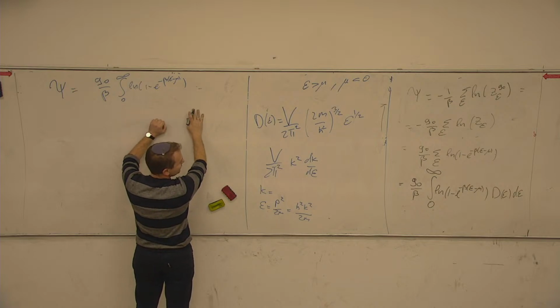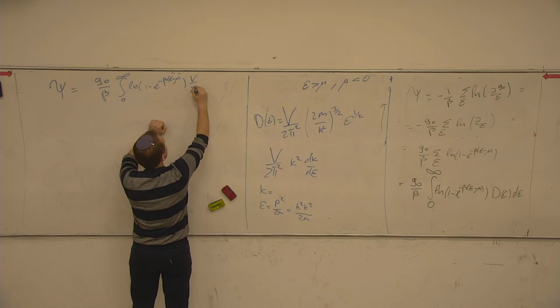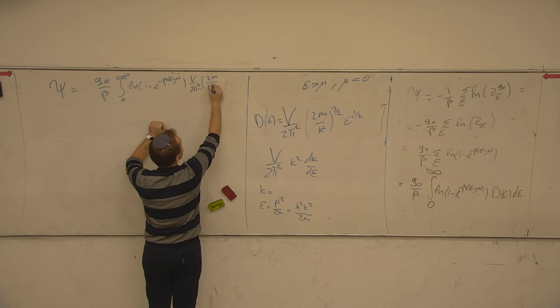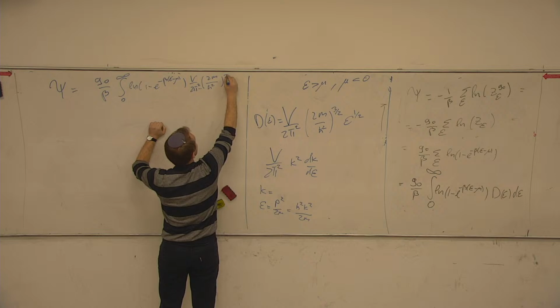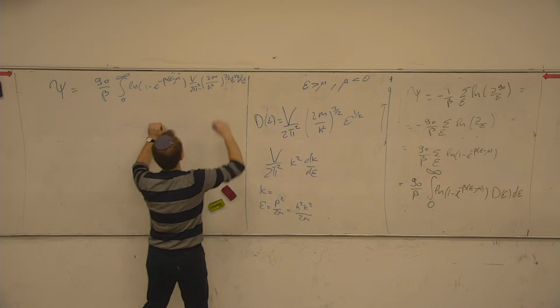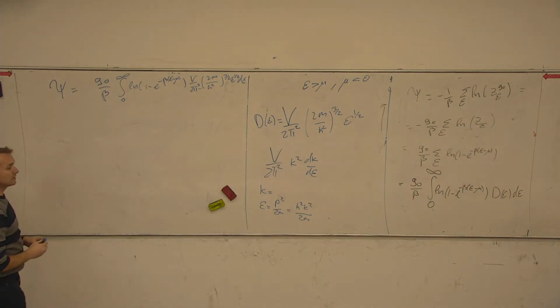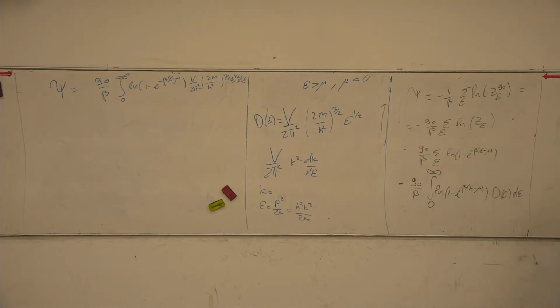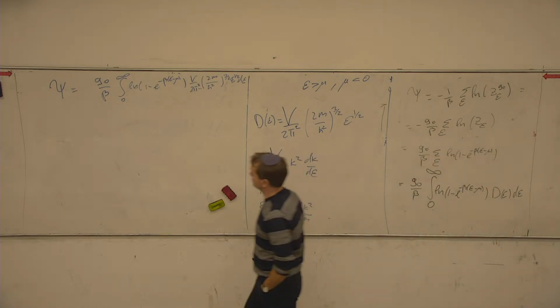What we have over here is V over 2 pi squared, 2m divided by h bar squared to the 3/2, epsilon to the 1/2 d epsilon. So this is psi. And the task that we want to obtain is what is the average number of particles inside this box.